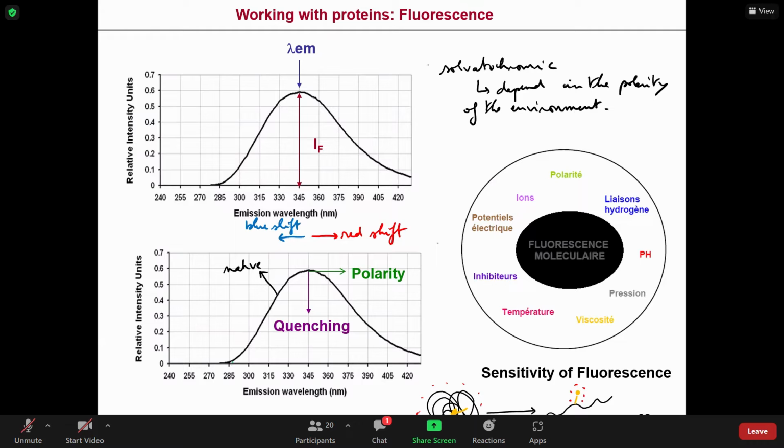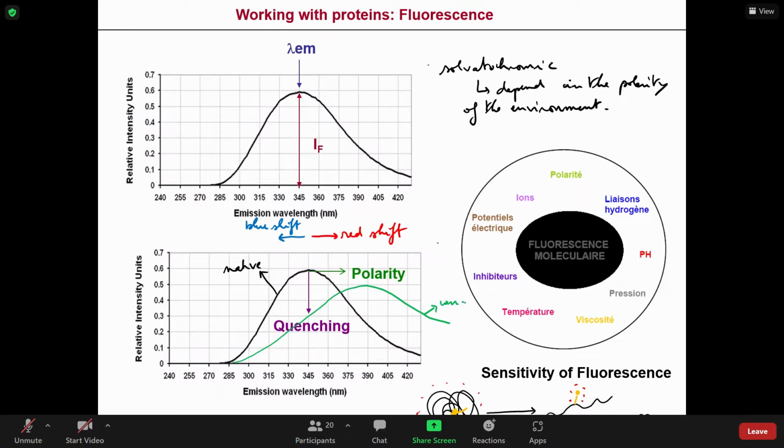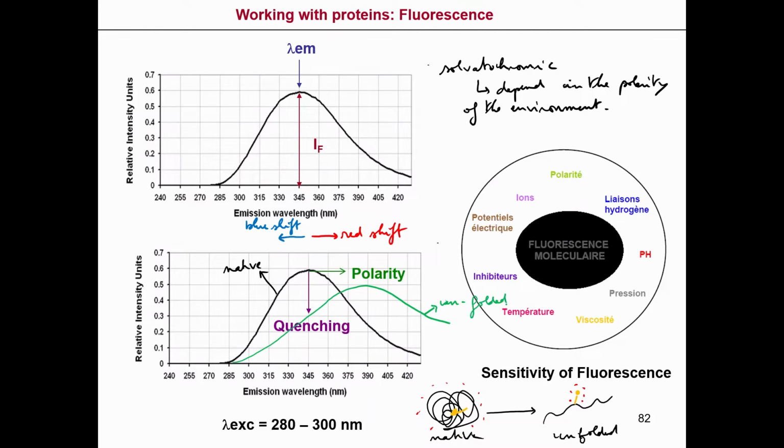That means that you will have, for example, something like that. It means that the maximum of emission is higher in wavelength, so you have a redshift. So here it's an unfolded protein. Okay?